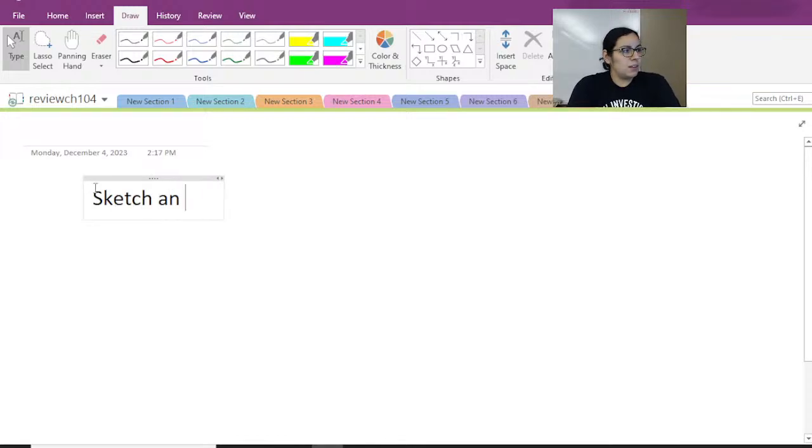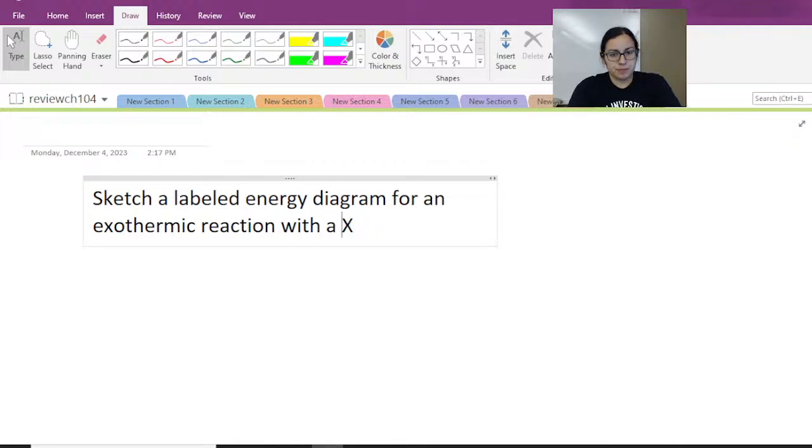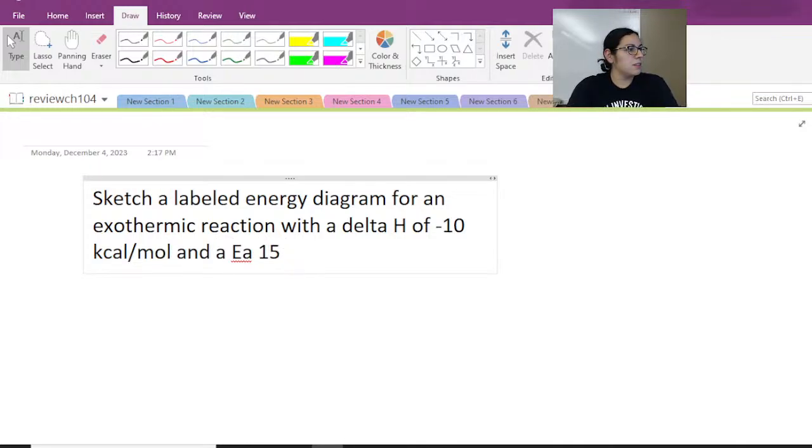Sketch a labeled energy diagram for an exothermic reaction with a delta H of -10 kcal per mole and an activation energy of 15 kcal per mole.